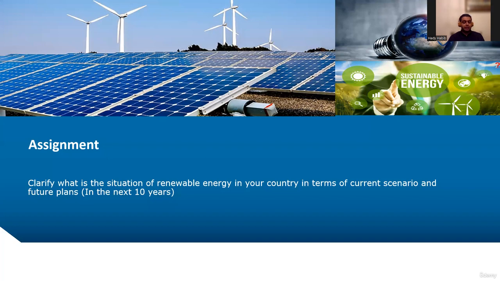What is the penetration level of renewable energy in your country, what are the technologies that your country is relying on in generating electricity from renewable energy, and what are the future plans that are announced by your country in the next 10 years to turn your country to more penetration level of renewable energy.